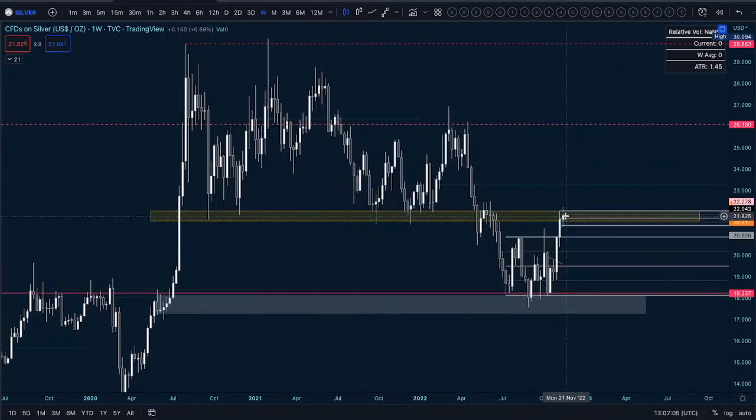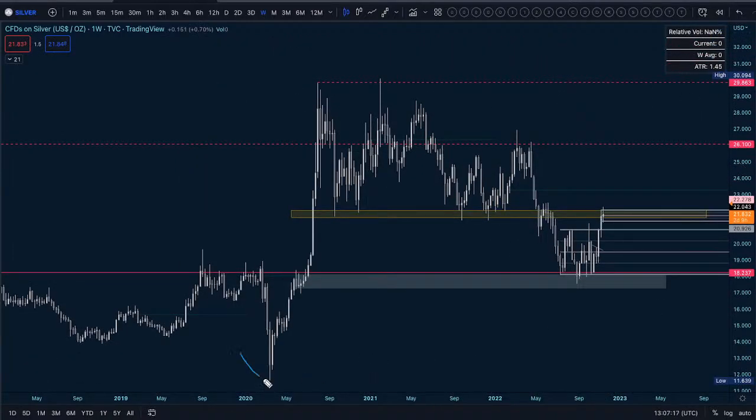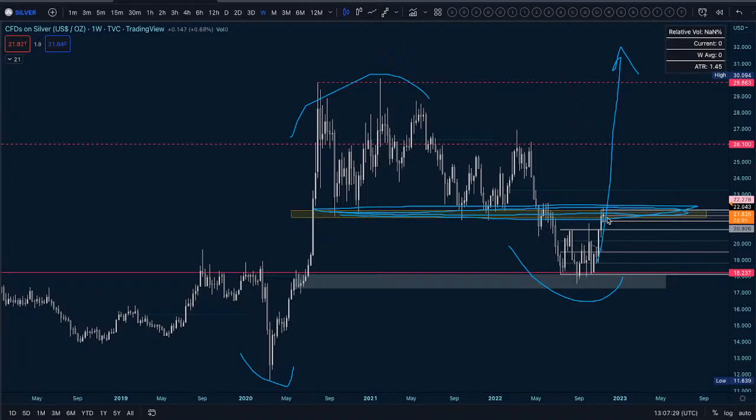I can be short-term bearish about this, but it doesn't change the fact that I'm macro bullish about this, because the structure is still very much bullish. And I'm expecting this to go to fresh highs. This is not resistance, it's just an obstacle on the way.